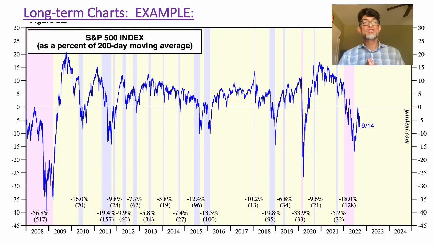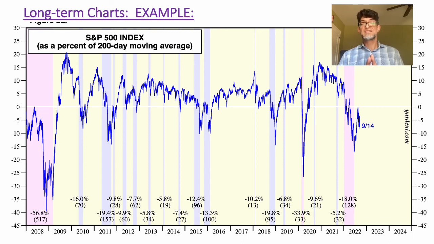And another long-term chart is a 200-day moving average. And I chose this one in particular because this one shows you the S&P 500 as a percent of its 200-day moving average. And you can see those purple bars are showing that we had come down quite a bit off our 200-day moving average.